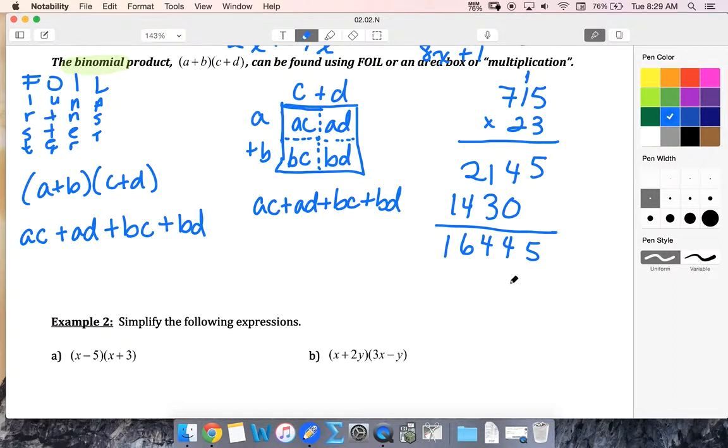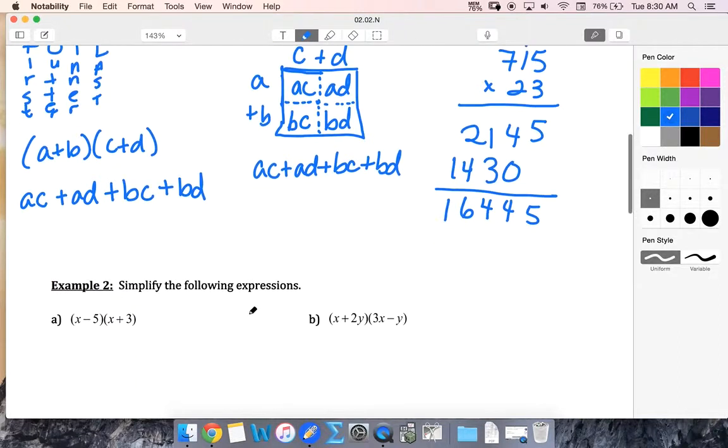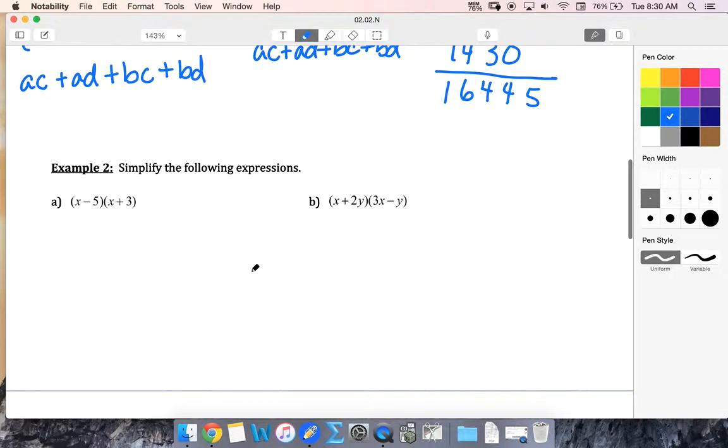And we can do this same thing with a binomial product. So I'm going to come down and do this first example using that method. So if I do x minus 5 times x plus 3, I'm going to draw my line, and this is a multiplication. Negative 5 times 3 is negative 15.